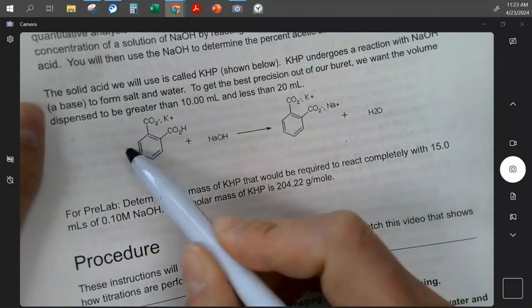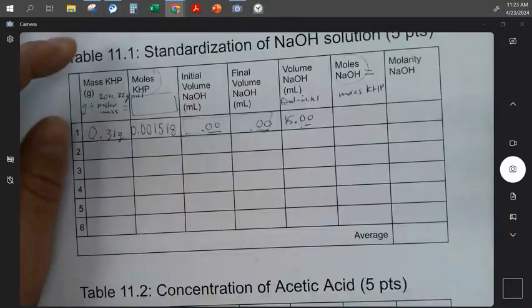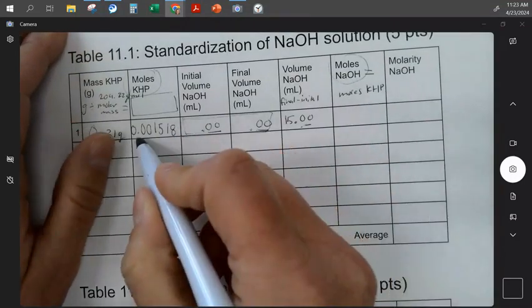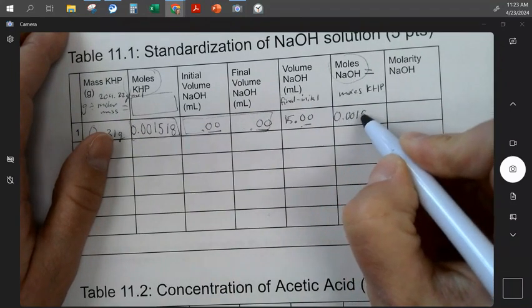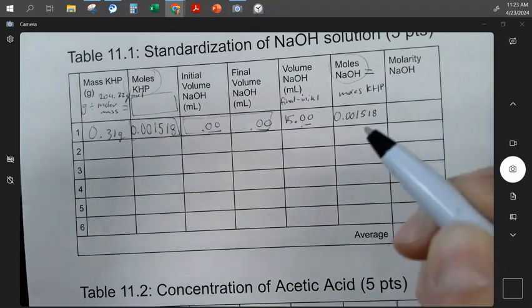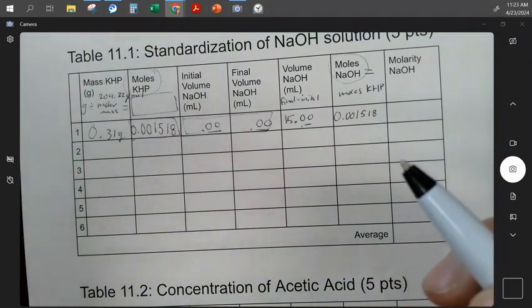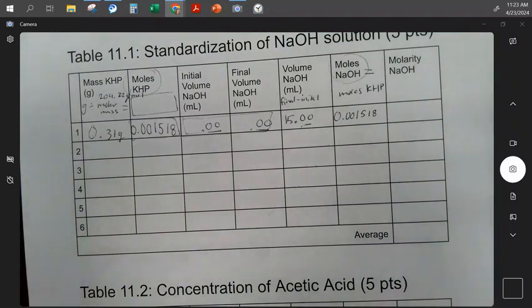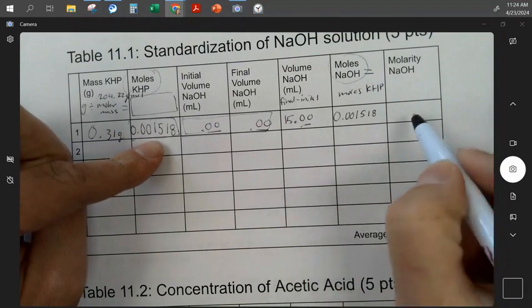So if I have this many KHPs, I'll have the same amount of NaOHs. So that's moles of KHP. Oh, so this box is the same. And that's why we want that very light pink color, because at that light pink color of our titration, it means we have equal amounts of H plus and OH minus. So that's why that works.